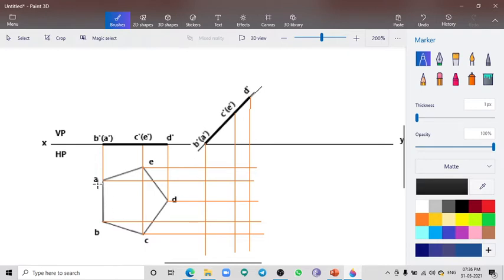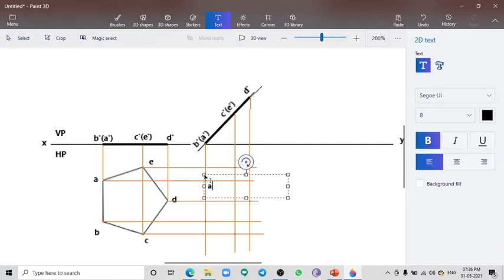So starting from A, the projection line from A dash meets here, so this is going to act as point A. Similarly point B, point C, point D, and point E. Okay, so I'm going to give the namings A1, B1, C1, D1, E1.